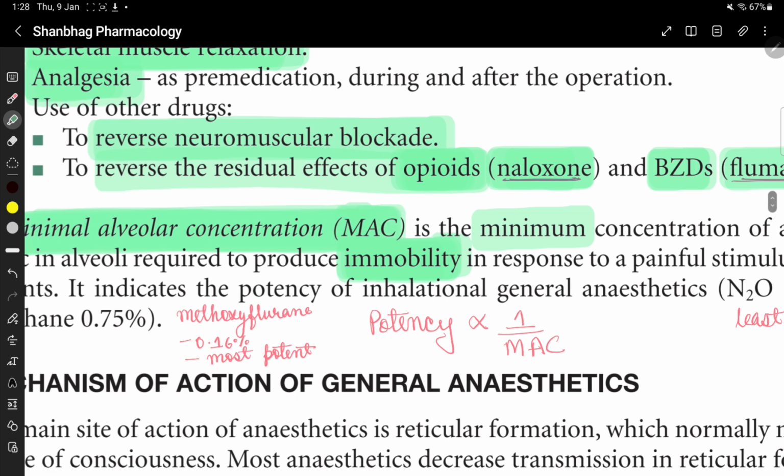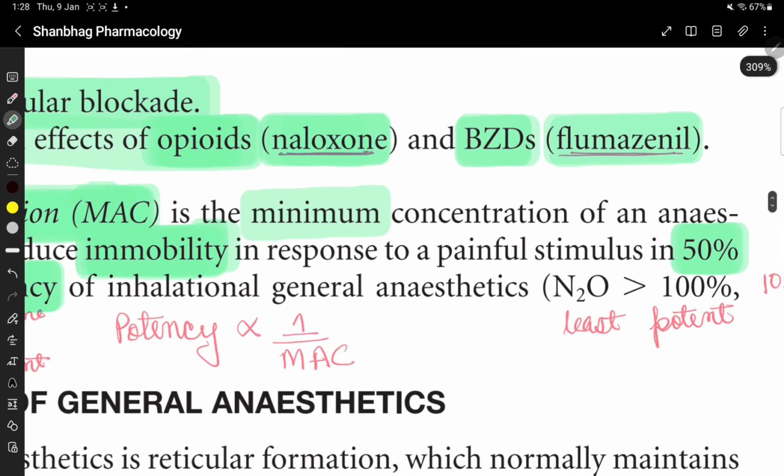This minimum alveolar concentration is inversely proportional to potency. It indicates the potency of inhalational general anesthetics.